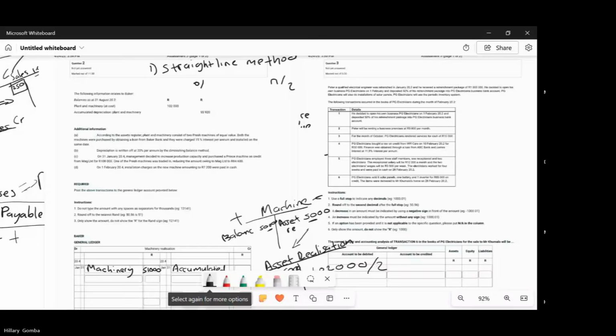Okay. Do they tell us when did we sell this asset? Did we do a trade in? So here we didn't sell it, but we did a trade in. And the date that we did the trade in is what?